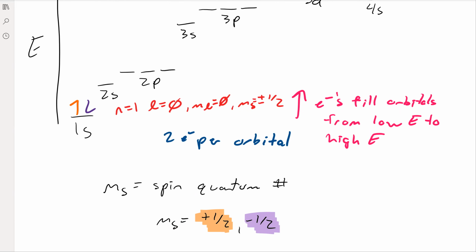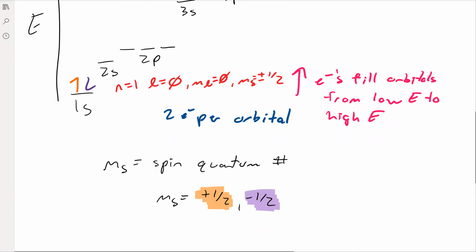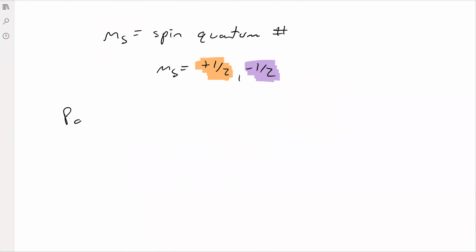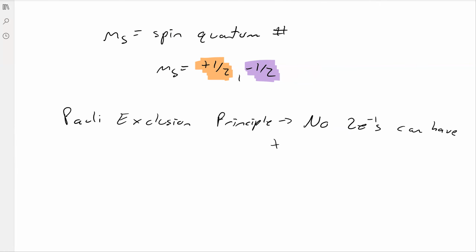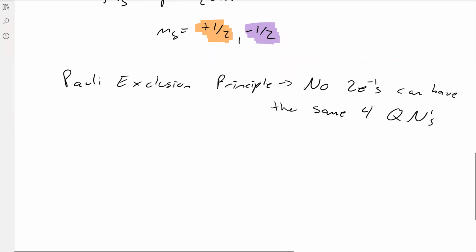So you can see that all of the electrons are going to have different quantum numbers. And that's what's known as the Pauli exclusion principle. No two electrons can have the same 4 quantum numbers.